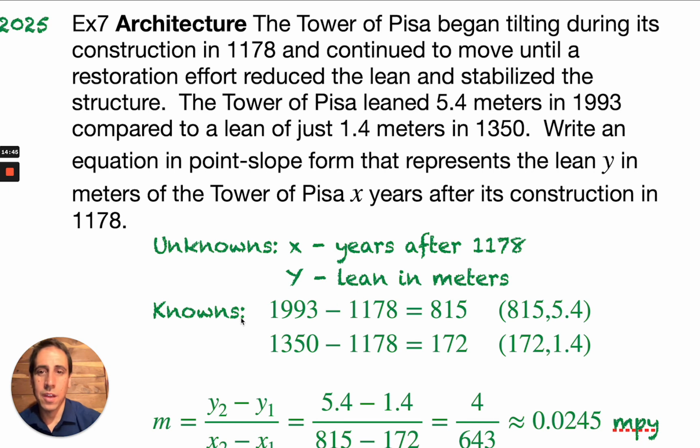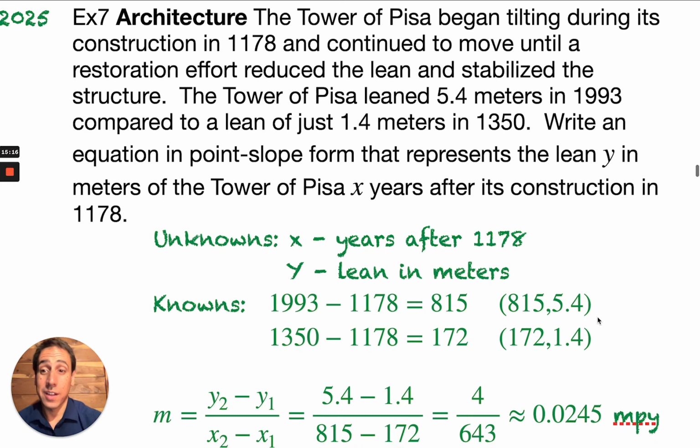So for the knowns, 1993, the date the restoration started, minus 1178 is 815. Subtract 1178 from 1350 and that's 172. So we know that 172 years after it was constructed, it already had a lean of 1.4 meters, and then 815 years after construction, by the time the restoration started, the problem got as bad as a 5.4 meter lean.